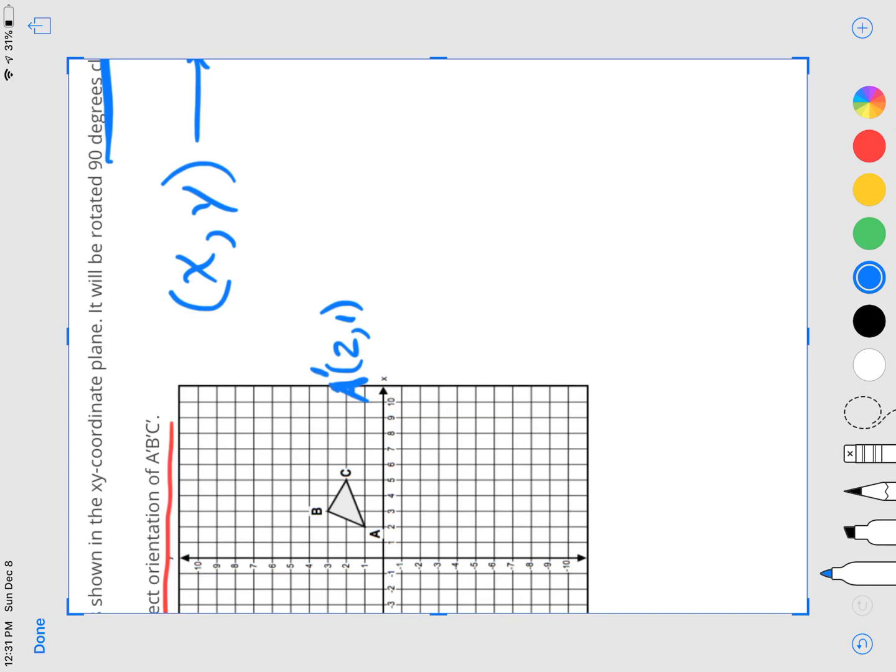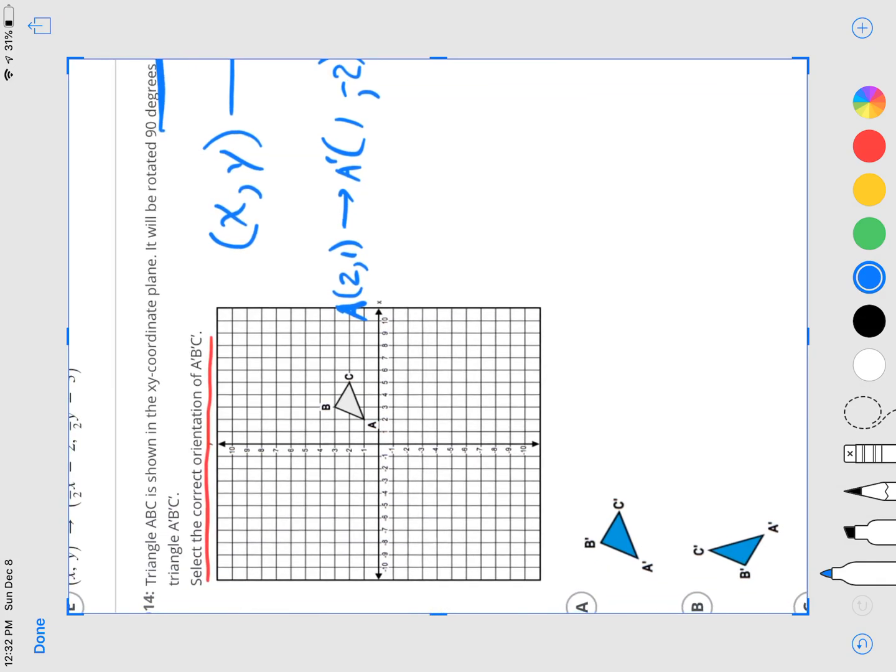So this is A. Whoops, just A. And that goes to A prime, which is switch the coordinates. So we get 1 first, and then 2 after, and then change the sign. Let's plot that. Let's make this thinner. 1, negative 2 is right here.